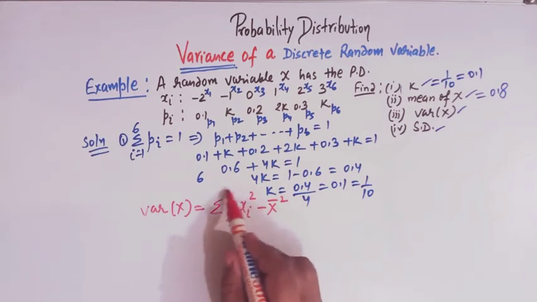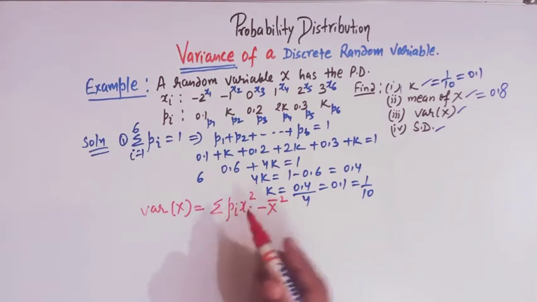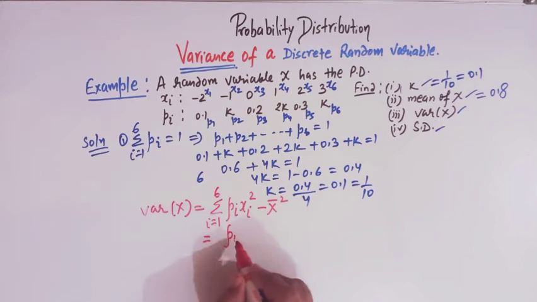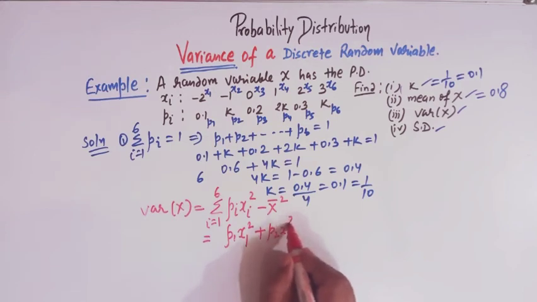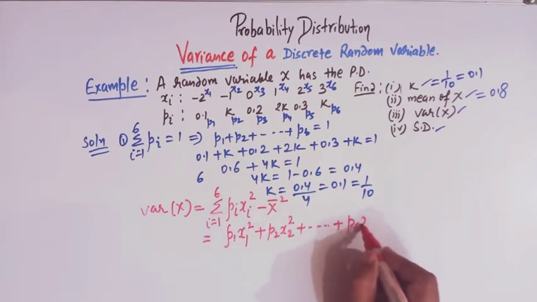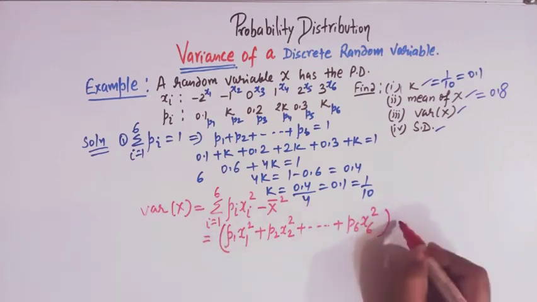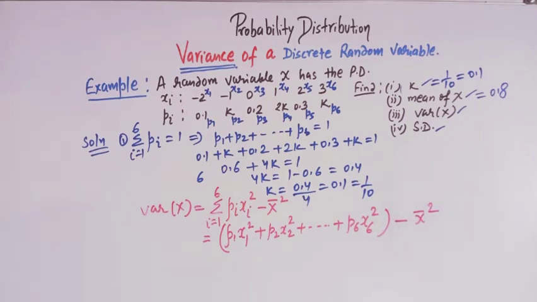So here we have to find the sum of all these products, where i varies from 1 to 6. It means we have to find p1 x1 square plus p2 x2 square up to p6 x6 square, and then subtract the square of the mean, right?